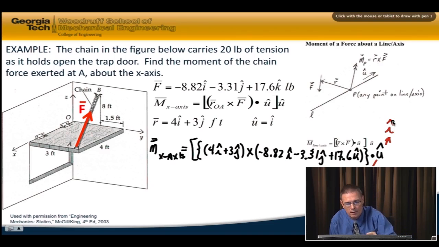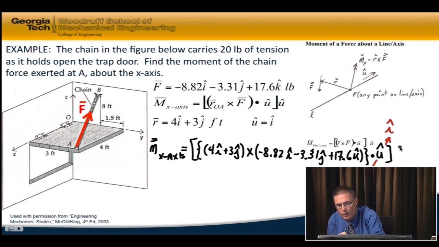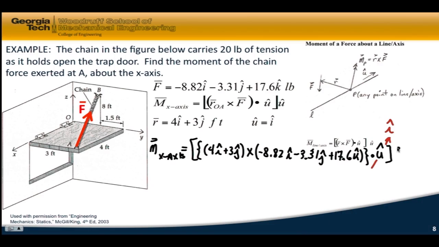And then this whole thing in brackets gives us a scalar result, and the direction is going to be in the u direction, or the i direction in this case. And so I get the moment about the x-axis. If I do that math, it is equal to 52.8 in the i direction, and the units are pounds feet.